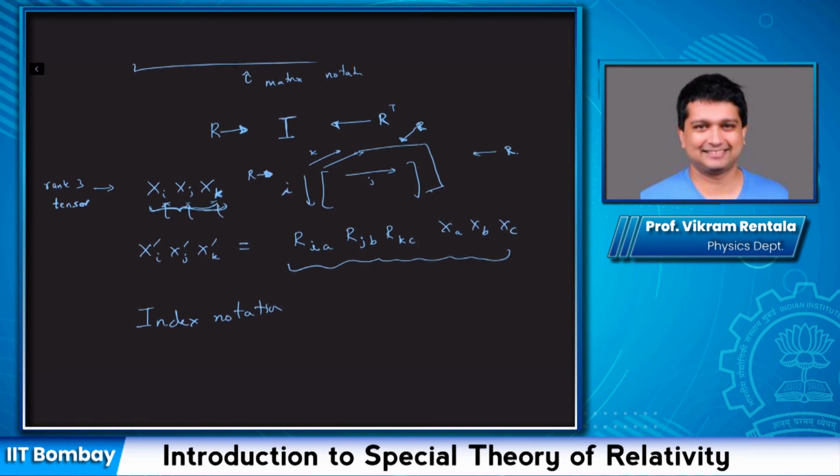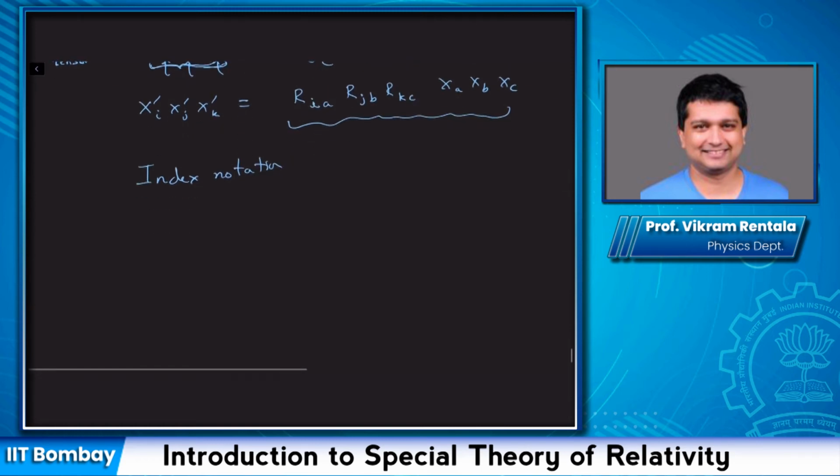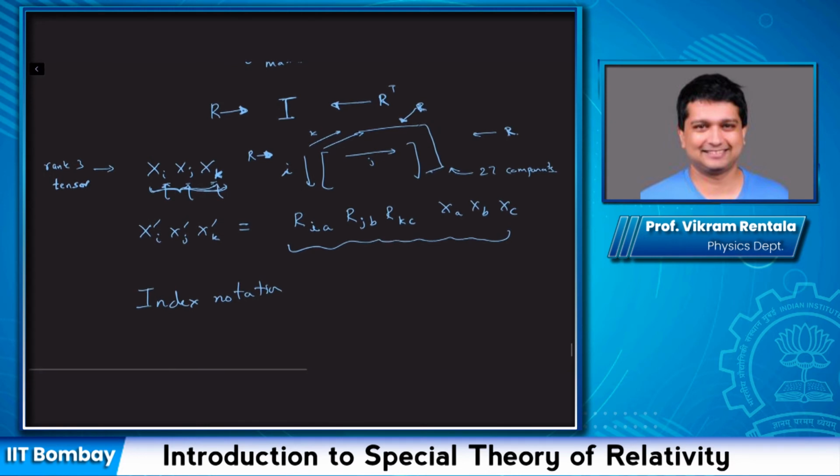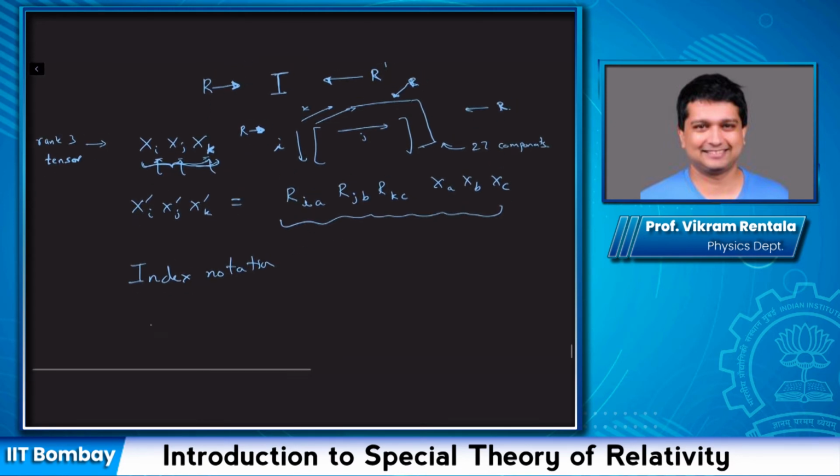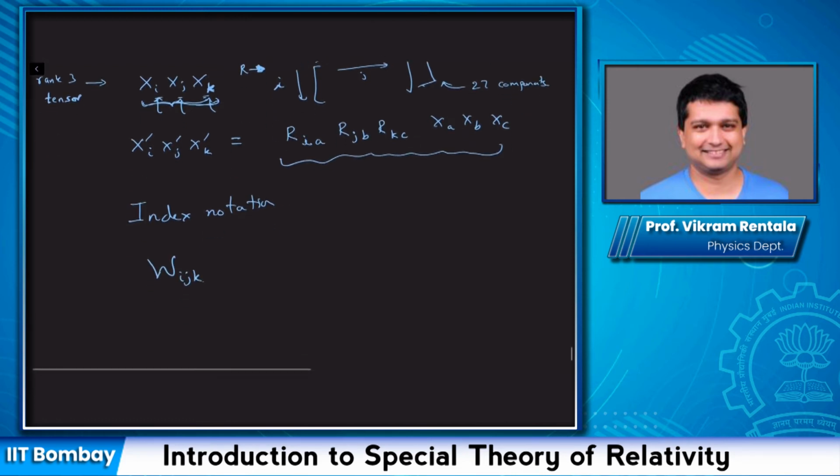So the object that we've constructed has 27 components, for every independent choice of i, j, and k. In general, we can write this as a single object with indices i, j, k, just as we defined the moment of inertia tensor as an object with two indices i, j.